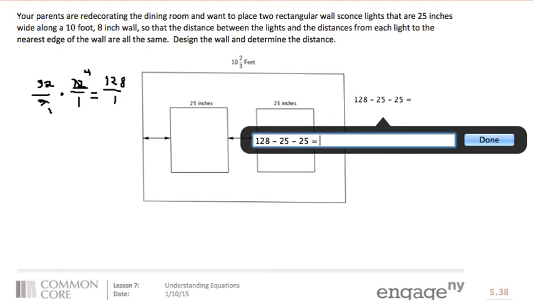And that will give us 78 inches, which we then have to divide by 3, since there are 3 measurements. And that will give us 26 inches for each of the spaces.